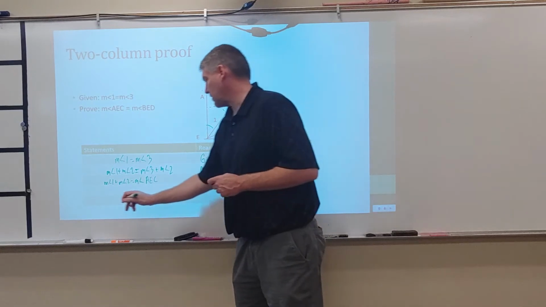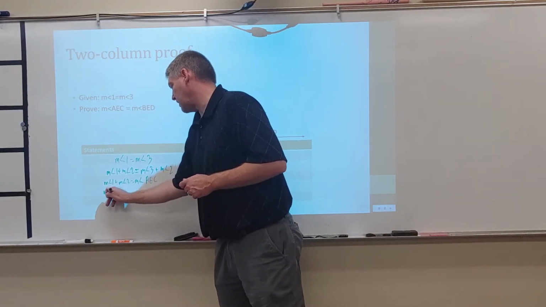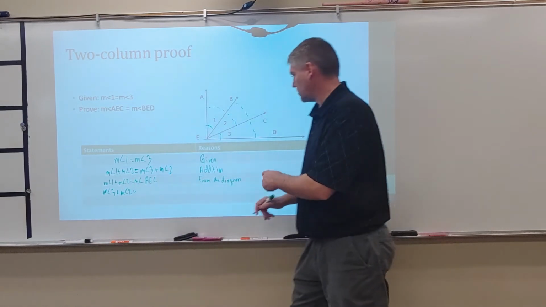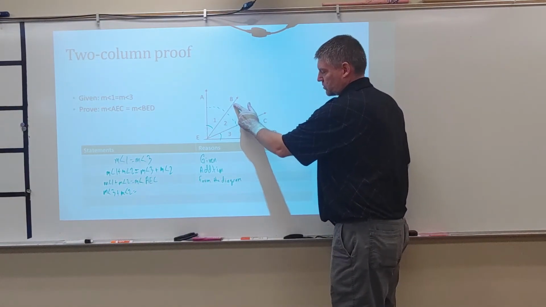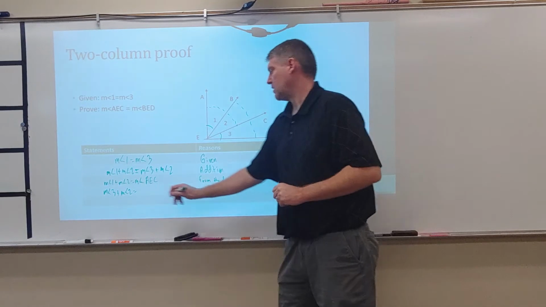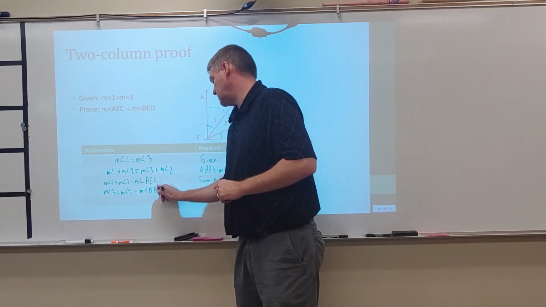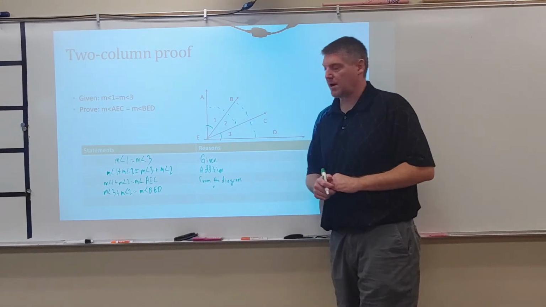Okay? And then we're going to say measure angle 3 plus measure angle 2 is equal to, well, 2 and 3 is equal to BED. So the measure of angle BED, that is also from the diagram.